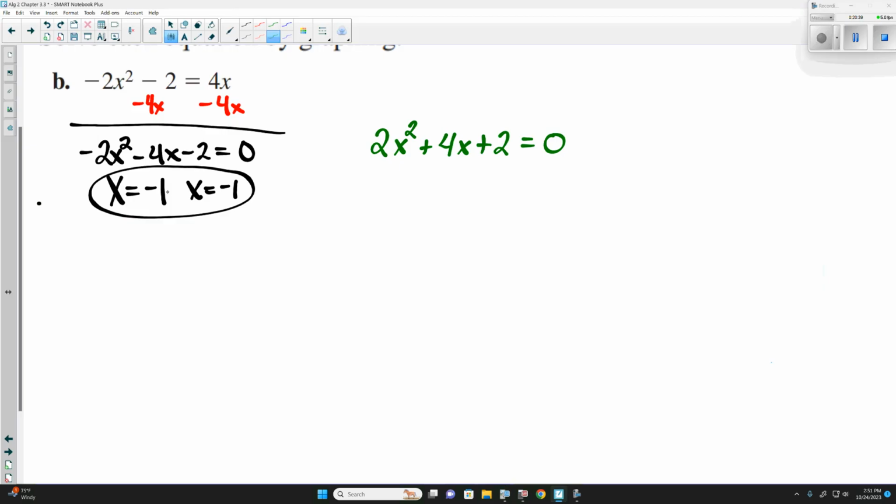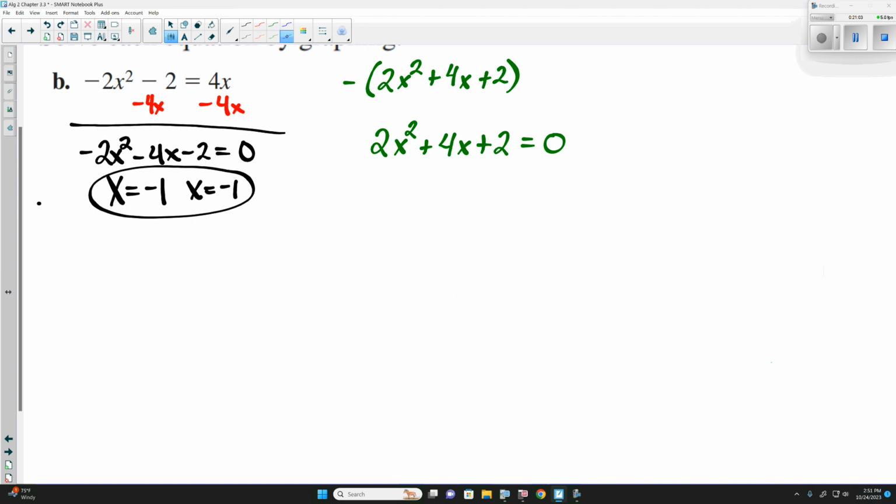Now in factoring, we would still need that negative. If I was just factoring, I would still need it as negative 2x squared plus 4x plus 2. But if we're solving, really this says that we can divide the entire equation by -1 and still get the same answer. It still gives us the same values.